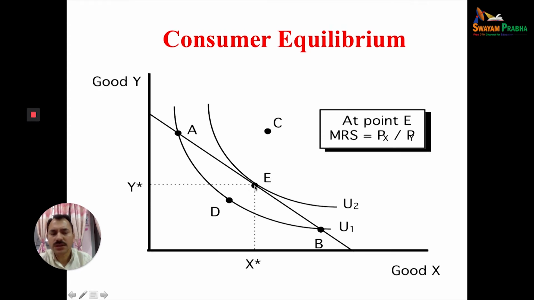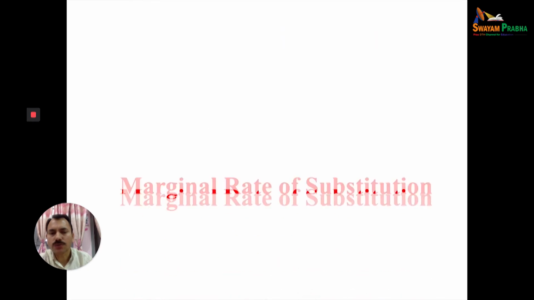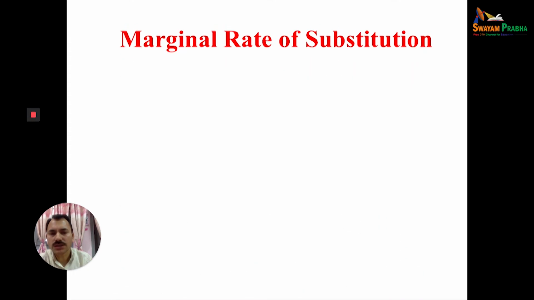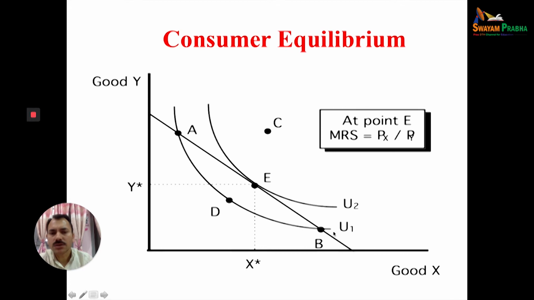E is the optimum point, the consumer equilibrium, where the consumer is getting maximum satisfaction, the point where the budget line is tangent with the indifference curve.